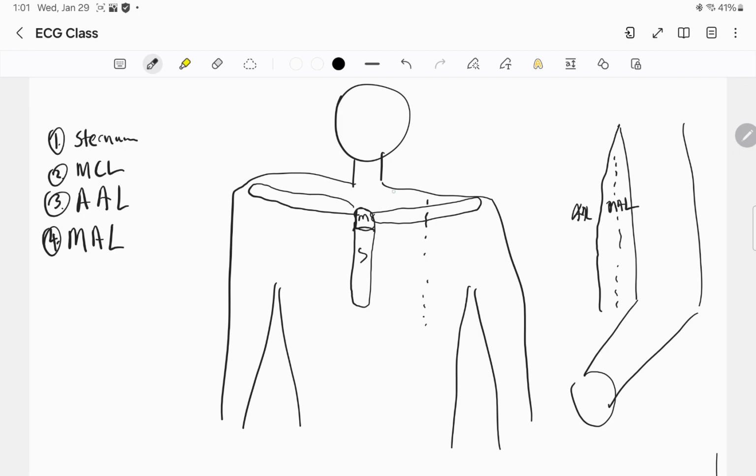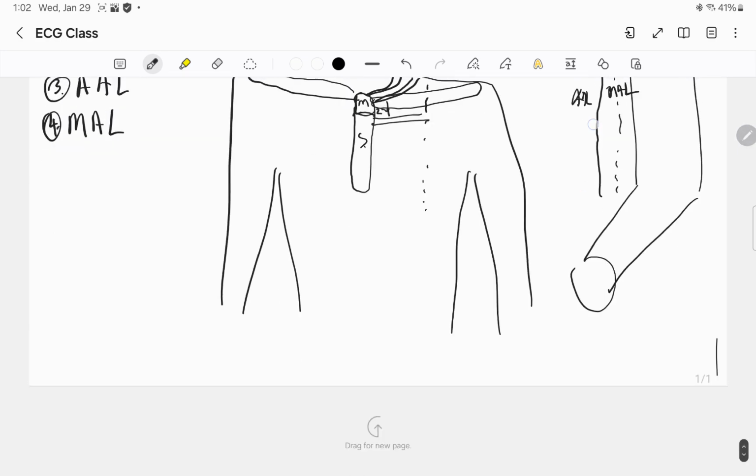And you have a first rib here, then a second rib there, and then at the level of this junction, the manubrium and the sternum, that's where the second intercostal space is. So that's how you know where to start counting, because this joint is pretty prominent, right? Let me scroll down.